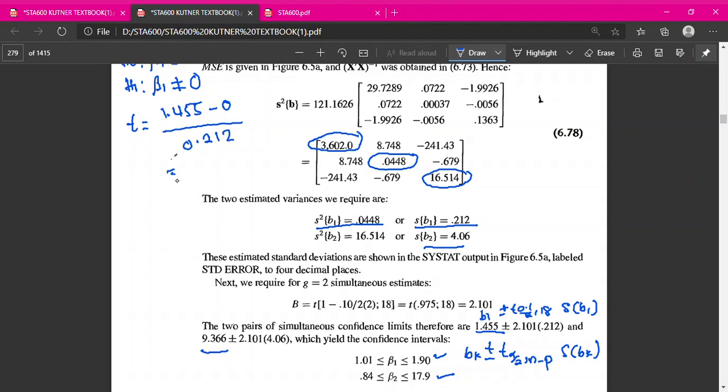And then you can compare this value, t statistic, comparekan dengan critical value from the t table, which is t, okay, 0 sama macam tadi lah, 0.1 divide 2, 18, berapa?